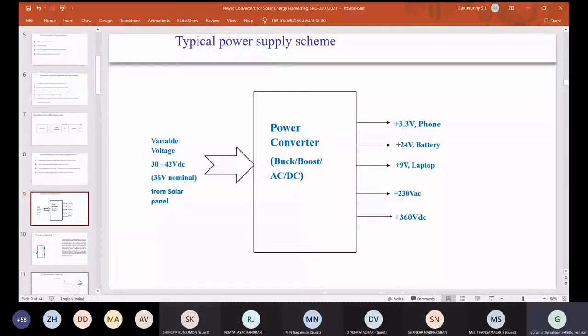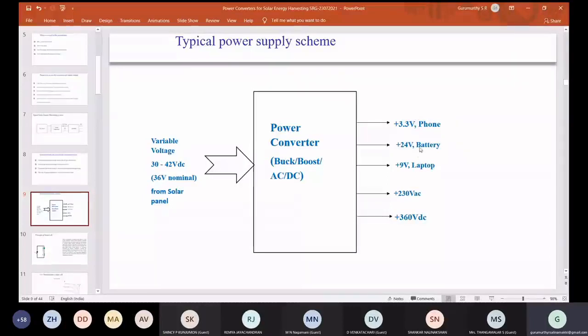But what we want is different. We have wide requirements of voltages. For example, if you want to charge your cell phone, you need 3.3 volt. If you want to charge the battery in your house for the UPS, you need 24 volt.